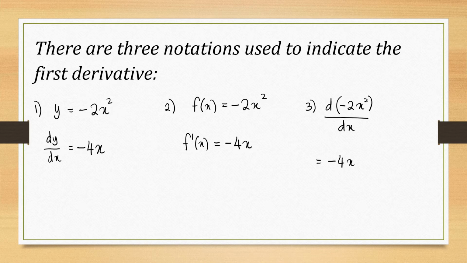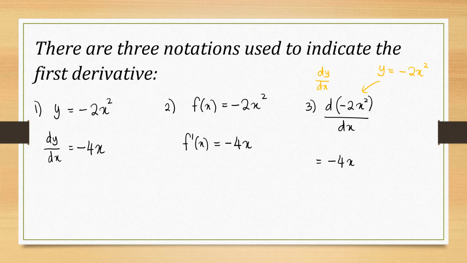It's just that in the given equation, y is already replaced. Supposedly we write it as dy over dx, but in this case, the y is replaced with negative 2x squared. So it's actually y equal to negative 2x squared.